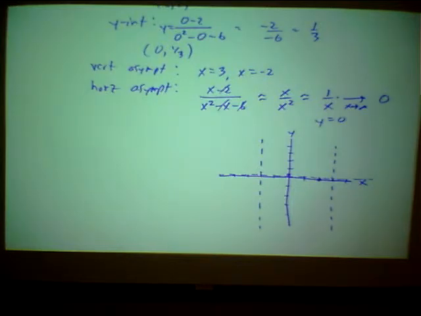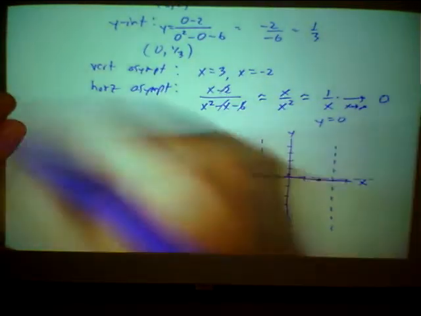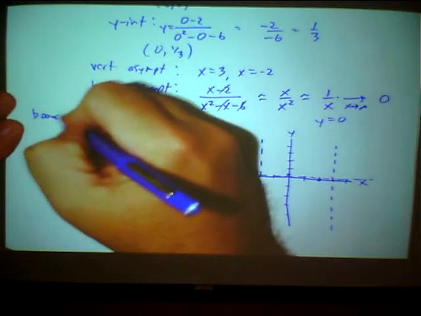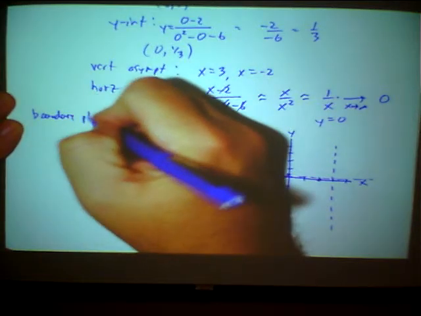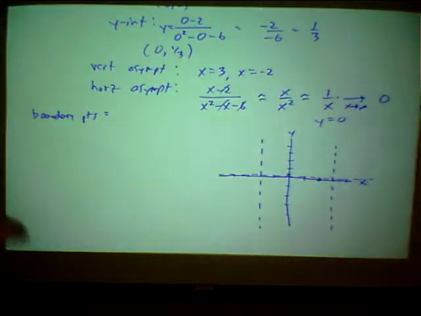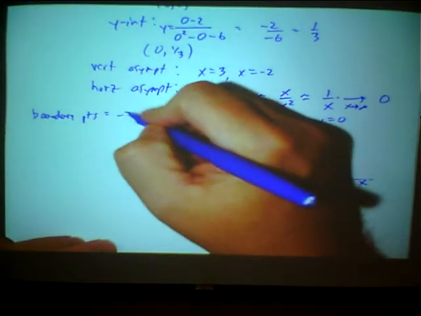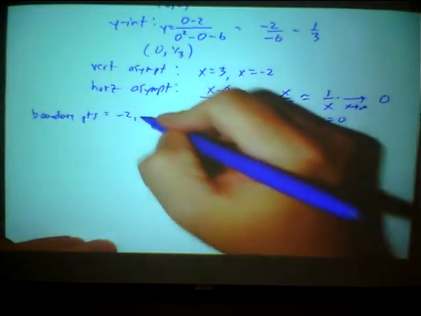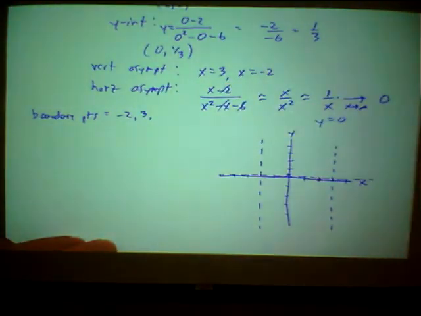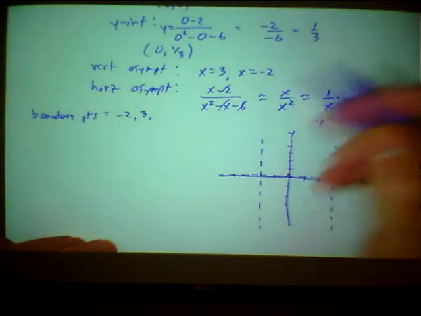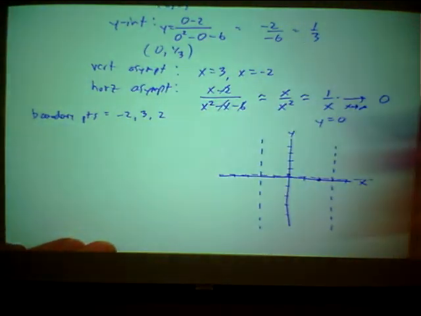All right, now let's do our sign chart. Once again, my boundary points are going to be my vertical asymptotes and my x-intercept. So I have a vertical asymptote at negative 2, a vertical asymptote at 3, and an x-intercept at 2.